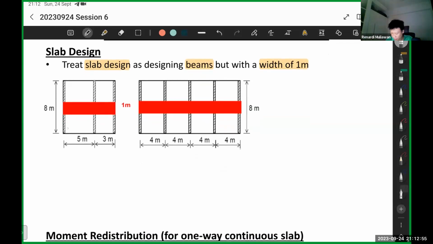If you see the side view of this slab, it will look something like this. So these are your three supports. Then if you take 1 meter of the slab, sideways it will look something like this.